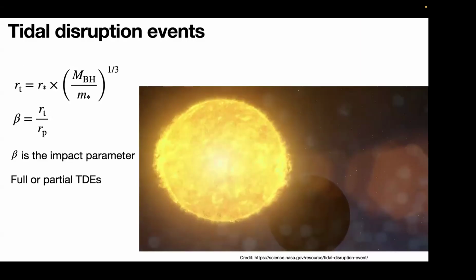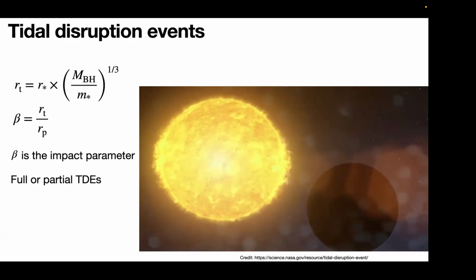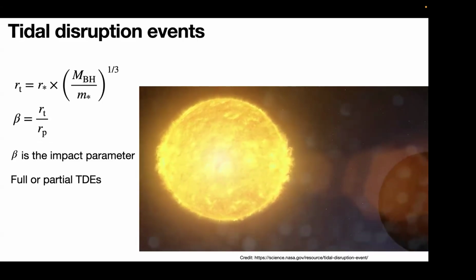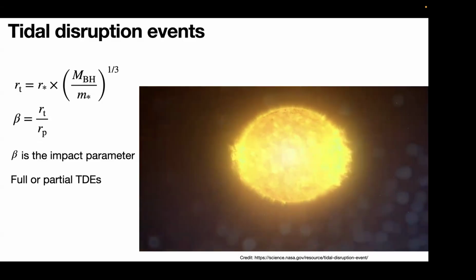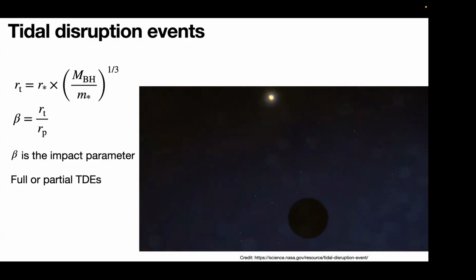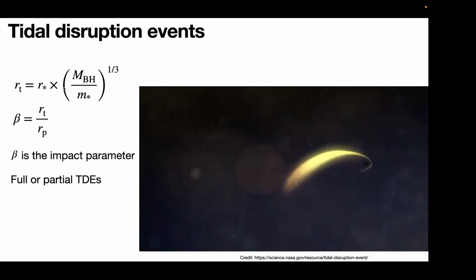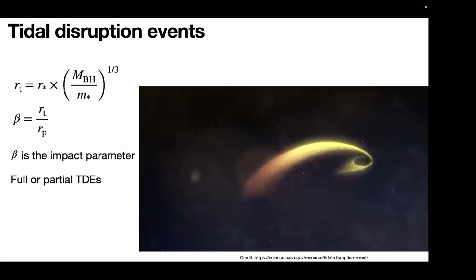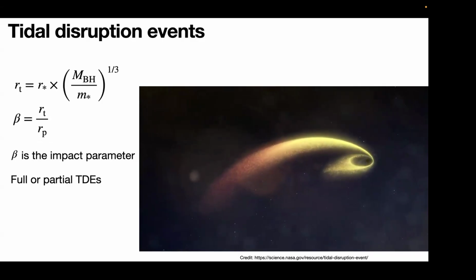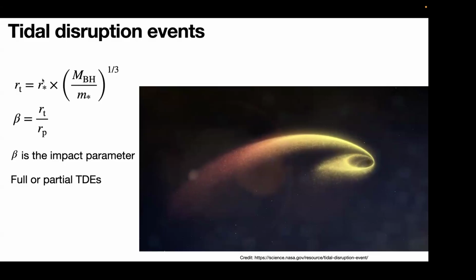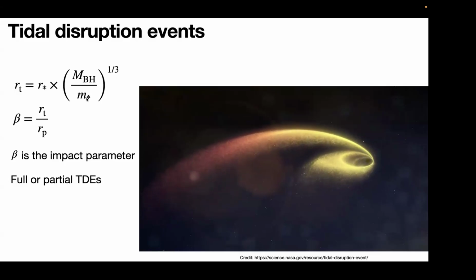So in a TDE, a star gets close to the black hole and it's overcome by the gravitational forces of the black hole, resulting in material getting bound to it and eventually spilling onto the black hole. The distance at which the gravitational forces of the supermassive black hole overcome the self-interaction forces of the star is given by the tidal radius.